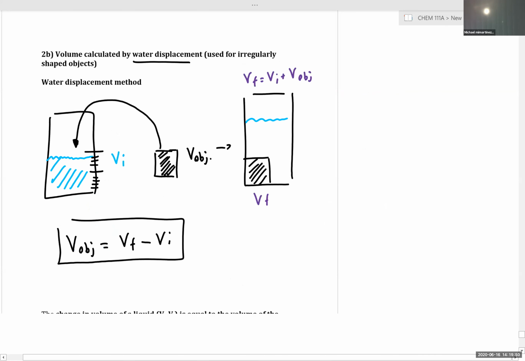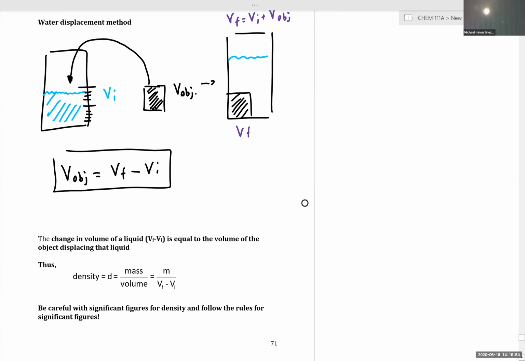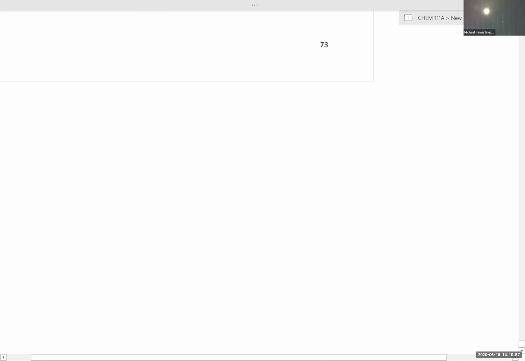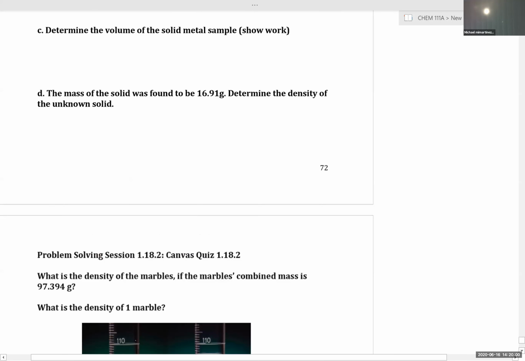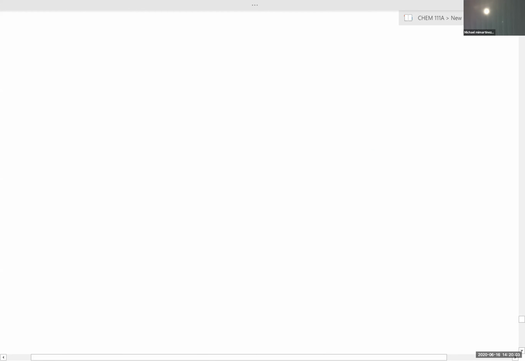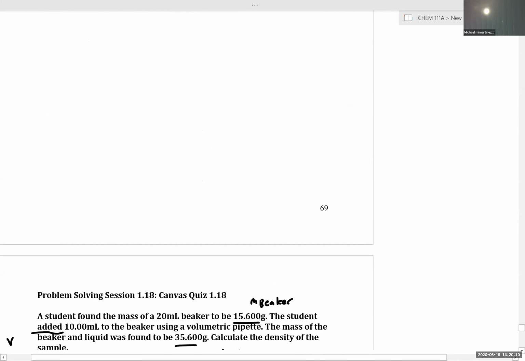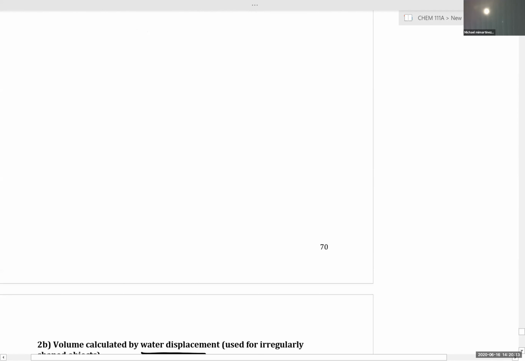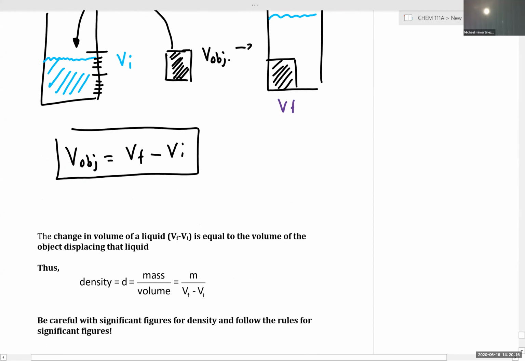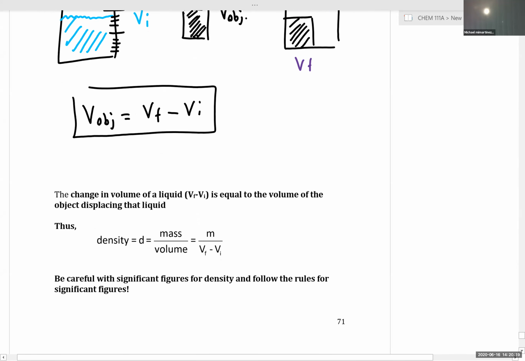Now, if we know the mass of the object, we know density is mass over volume, so we can take our mass divided by the volume of water observed in our graduated cylinder before and after we add our solid.